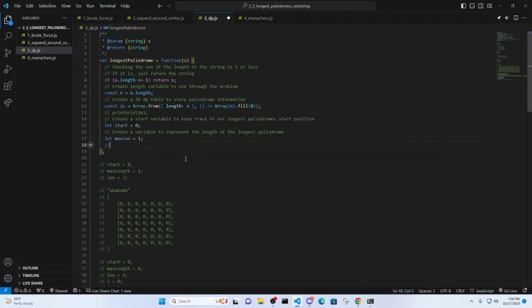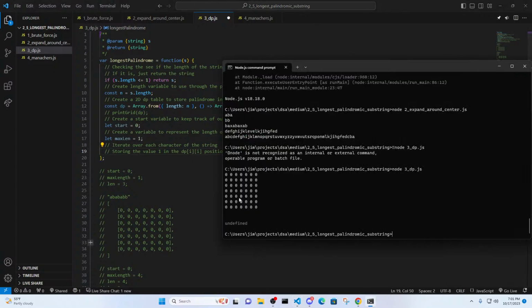And then what we do is we just iterate over each character of the string, storing the value 1 in the dp[i][i] position. Like I said, when we were looking at this, this represents the entire string, this represents the string minus 1.